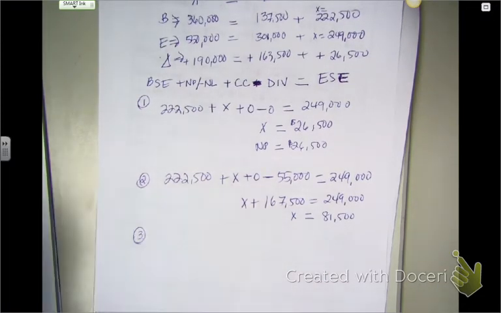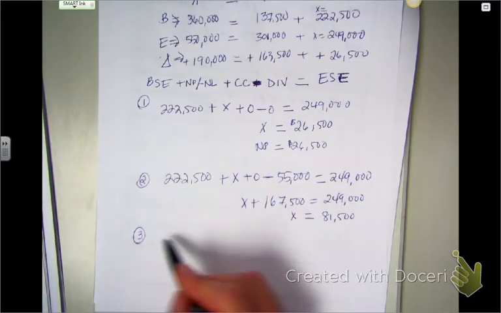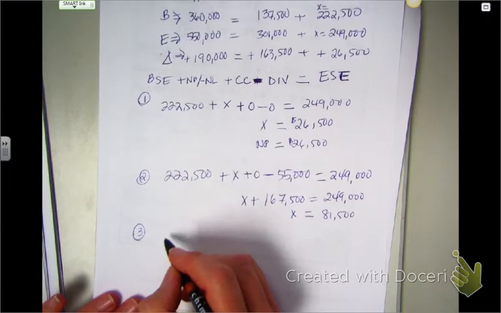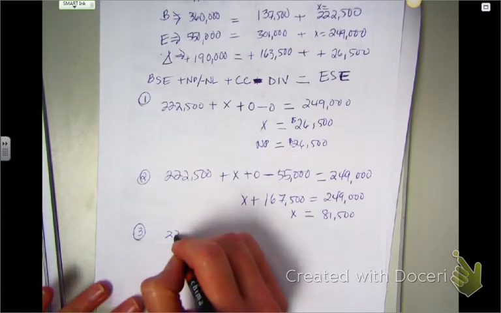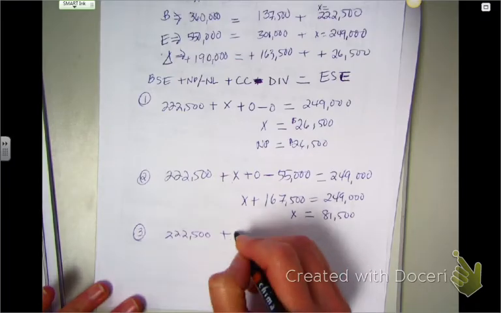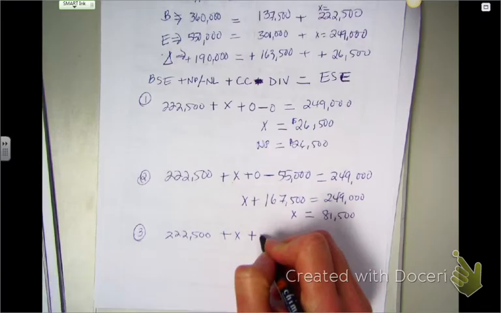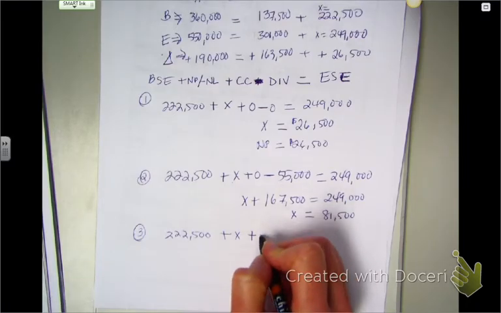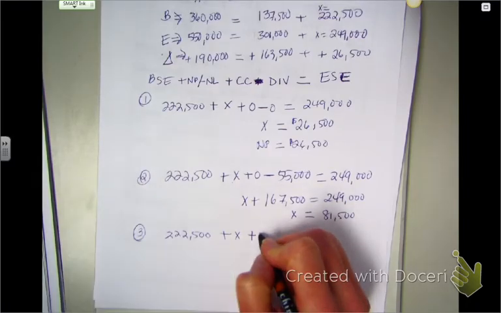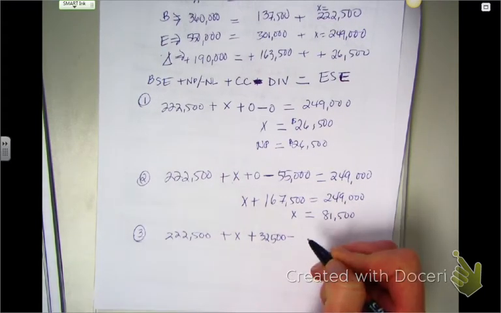Let's see. Bobby, let's have you do number 3. How are we starting it? $222,500 for beginning stockholders' equity. Good. Plus or minus X, plus $32,500 for capital. Okay, they said they invested capital of $32,500. Good. And then minus 0 for dividends.